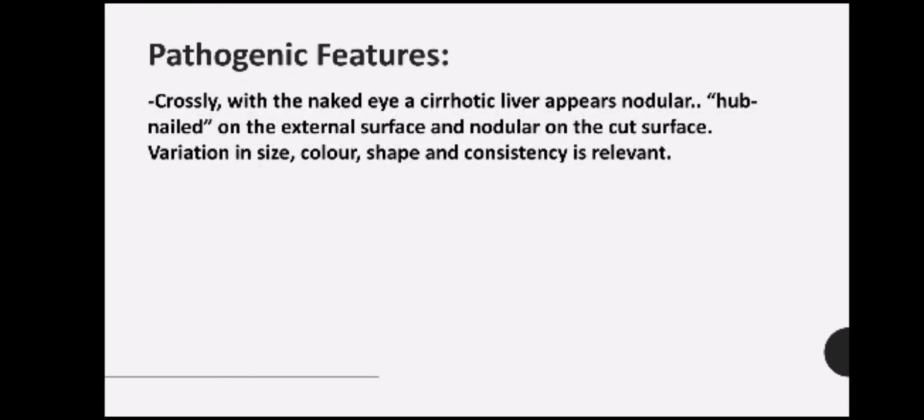Cirrhosis is a diffuse process characterized by parenchymal nodules, usually evidence of regeneration, surrounded by connective tissue, with a hobnailed external surface and nodular cut surface.